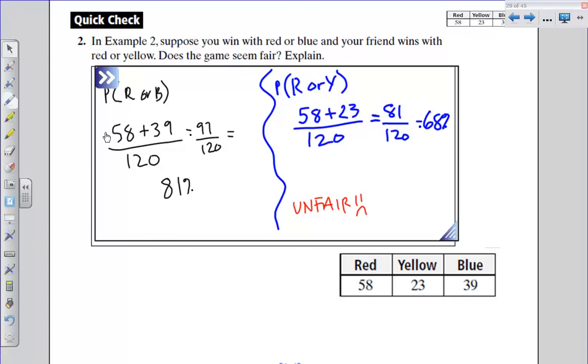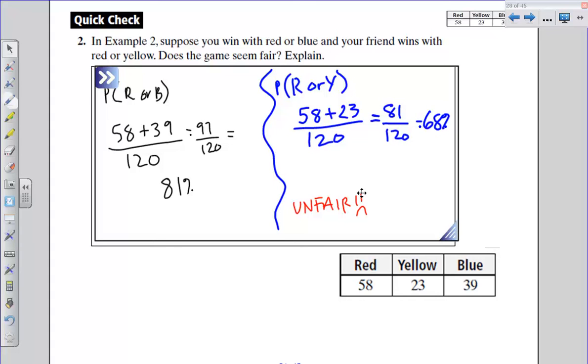Alright, let's see what we came up with for our answer. Probability of red or blue is going to be 58 plus 39, which is 97 out of 120. And the probability of red or yellow, red is 58, yellow is 23, so 58 plus 23 is 81, so 81 out of 120, and that's going to be about 68%, and 97 out of 120 is about 81%.